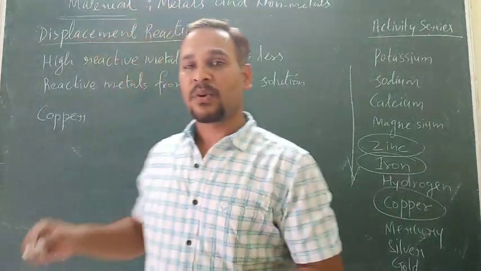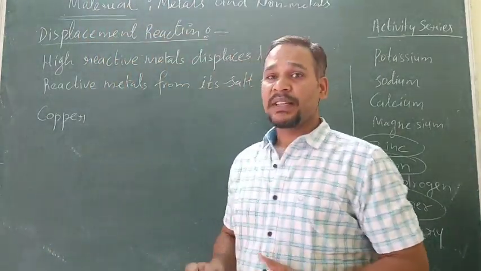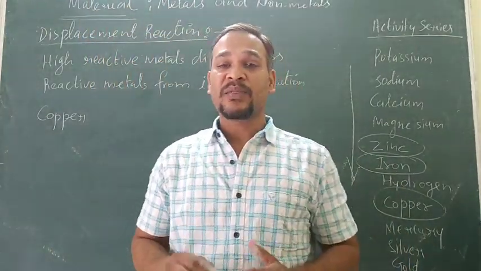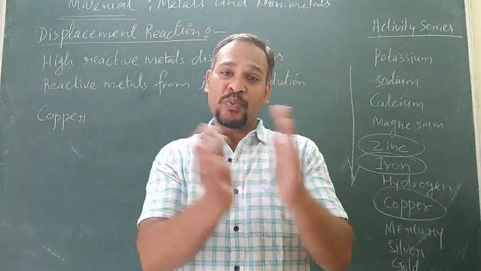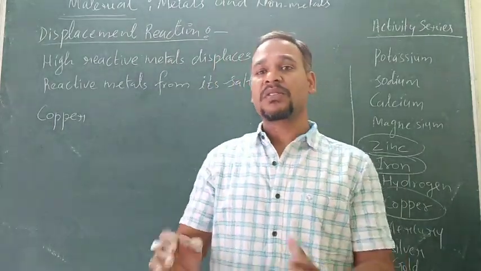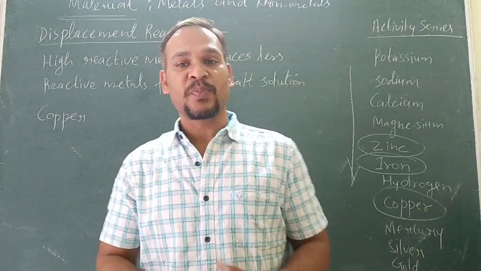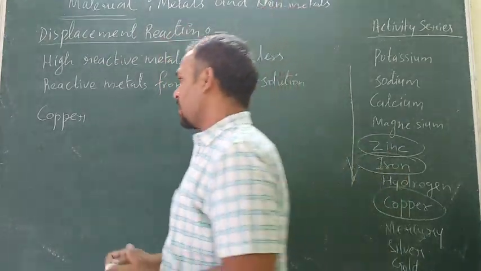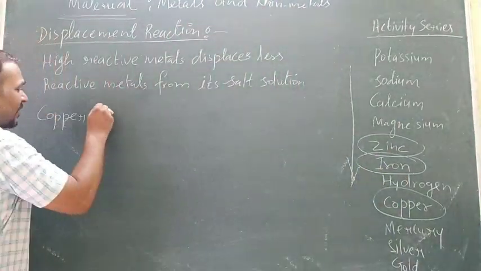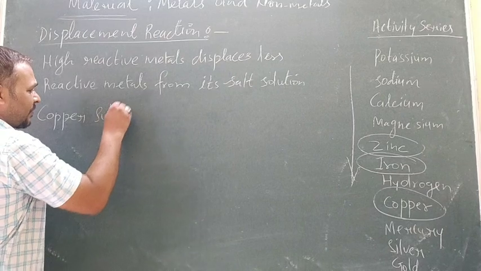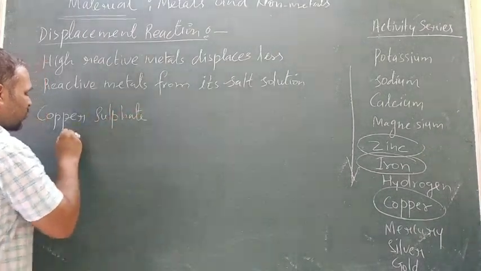Now coming to the topic, what is displacement reaction? Displacement reaction is when a more reactive metal displaces a less reactive metal from its salt solution. Let's see the example. When we have taken the copper sulfate solution, right, it is blue in color.